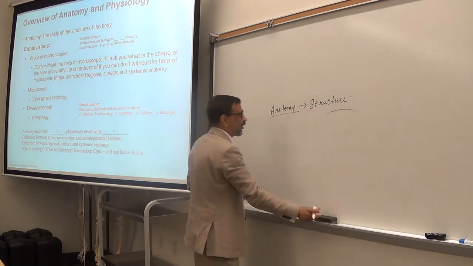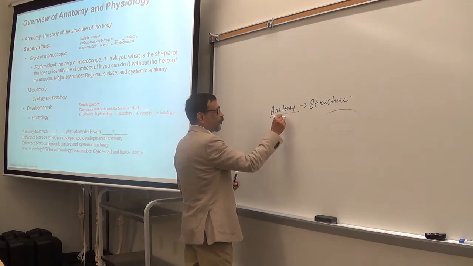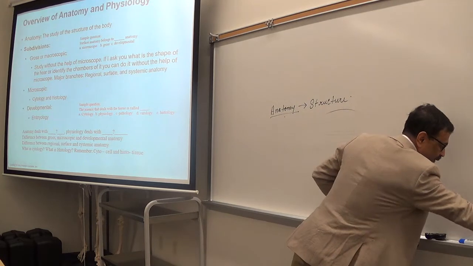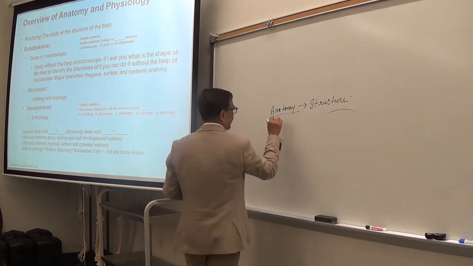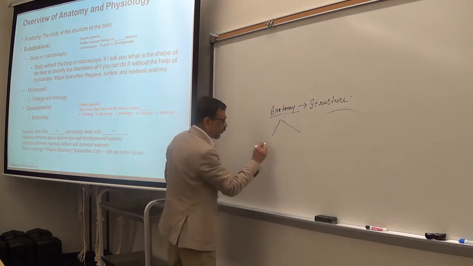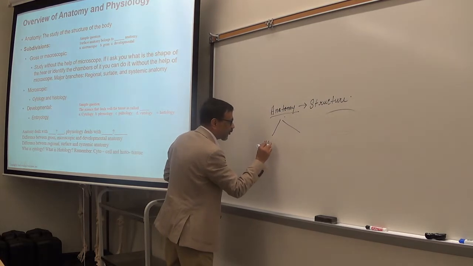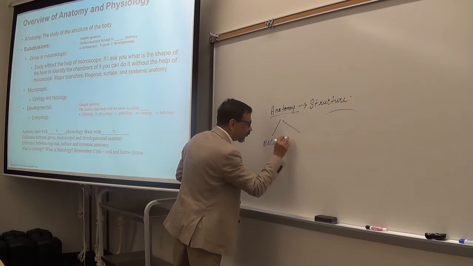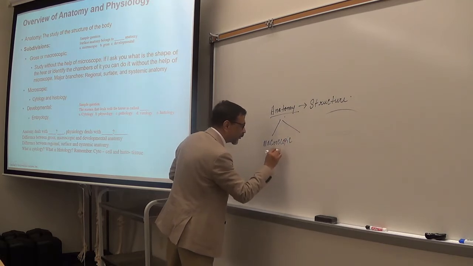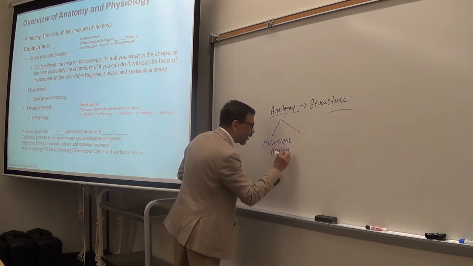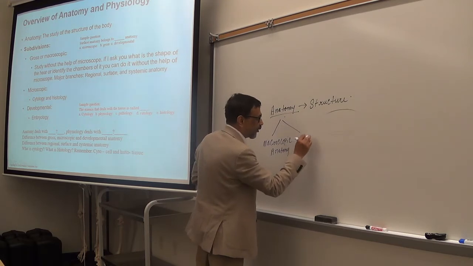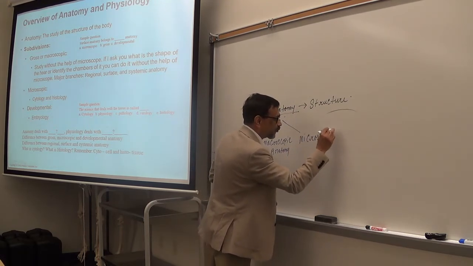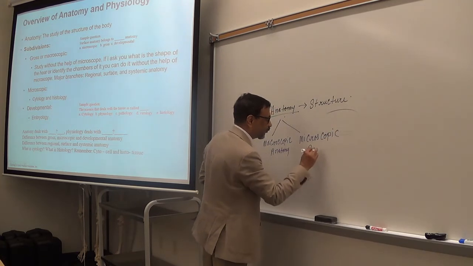First, anatomy has two branches. How many branches? Two. One is called macroscopic anatomy and another is called microscopic anatomy.